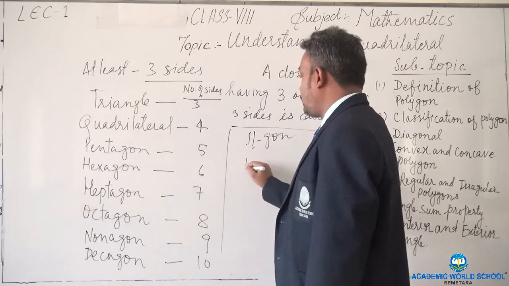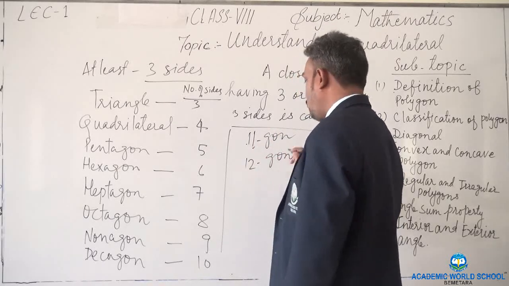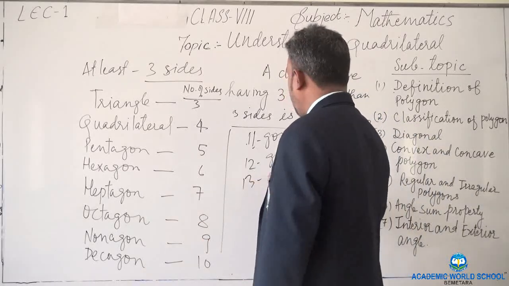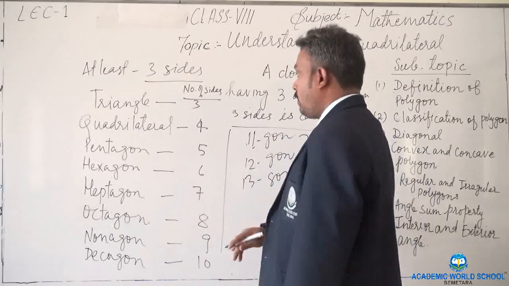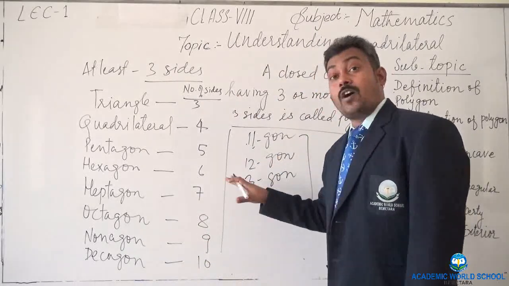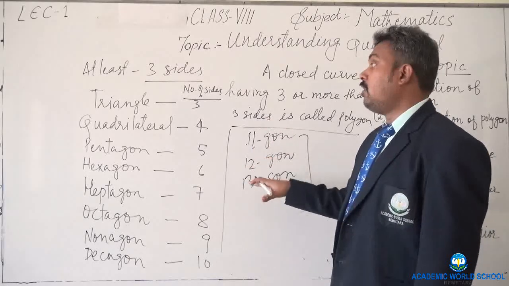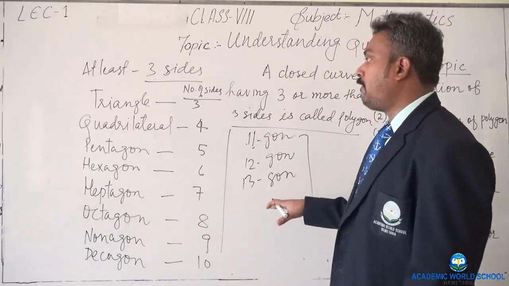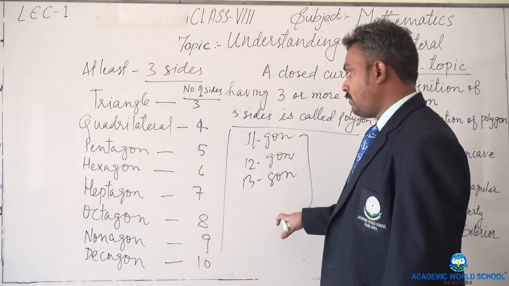If it has 12 sides, we write 12 gon. If it has 13 sides, then we write 13 gon. You understood that? This is the classification of polygon on the basis of number of sides.